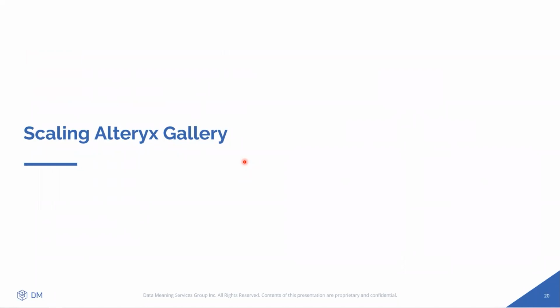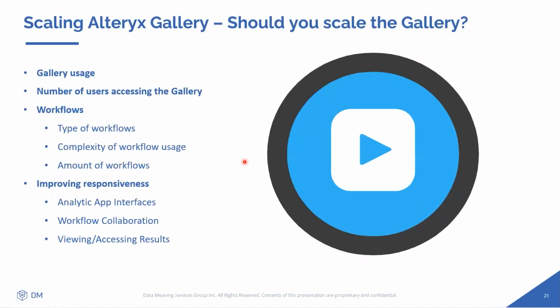Scaling the gallery moving forward. So when should you scale the gallery? Of course, the first topic to think of is the number of users accessing the gallery, the number of workflows, as well as the type of the workflows, the complexity, the amount of workflows.